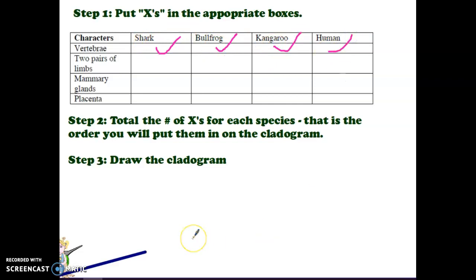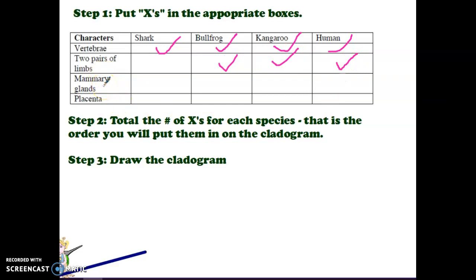Okay, the next one, 2 pairs of limbs. That means they have like a front set and a back set. Not all sharks have that. A sawfish only has 1 pair. So, does a frog have 2 sets of limbs? Yes. Kangaroo? Yes. Human? Obviously, yes. Now mammary glands.